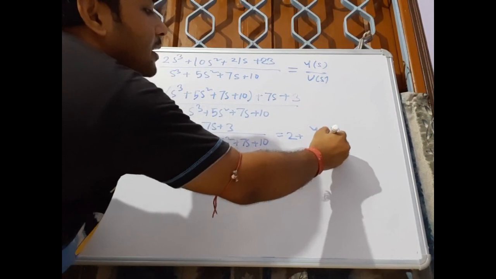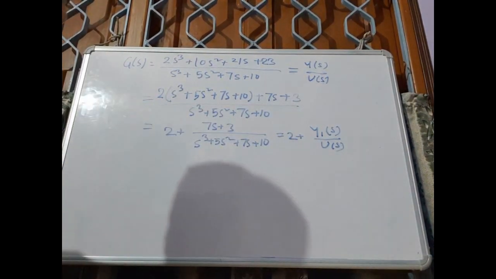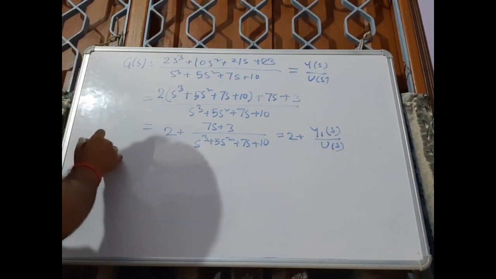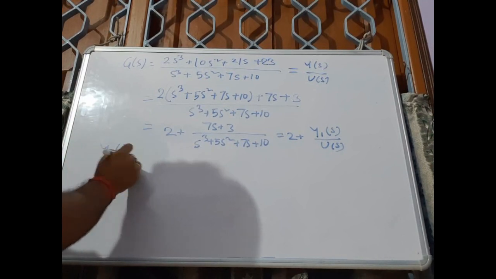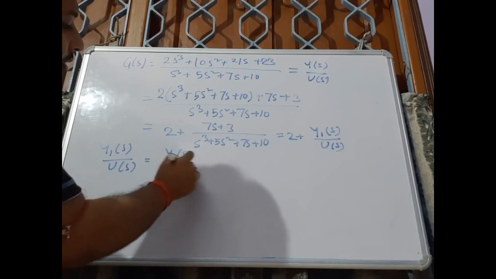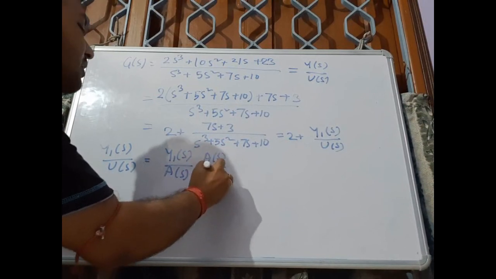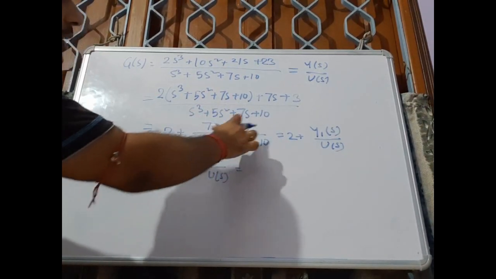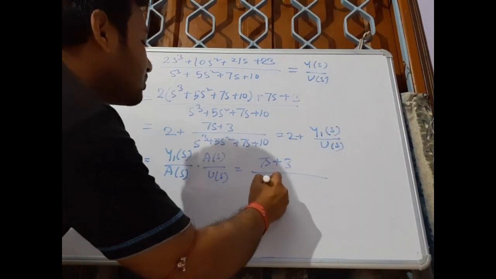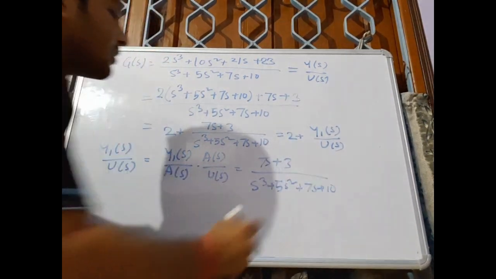Now this can be written as 2 plus Y1(s) divided by U(s). Take another output Y1(s). This Y1(s) by U(s) can also be written as Y1(s) divided by A(s) into A(s) divided by U(s), and that is equal to this part, 7s plus 3 divided by s cube plus 5s square plus 7s plus 10, right?